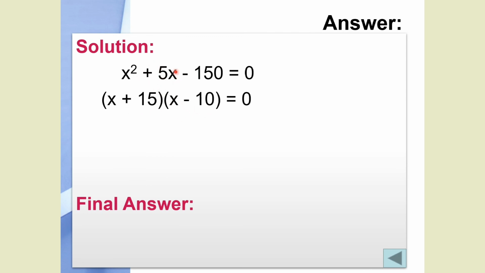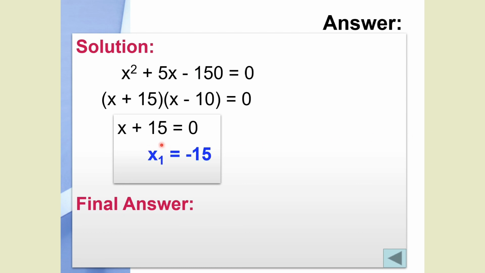So that yung middle term, pag nag-FOIL method tayo, we will come up with positive 5x. So, next is x plus 15 equals 0. Then addition property, or simply subtract 15 on both sides para makancel yung positive 15 on the left side. So, x sub 1 is equal to negative 15.